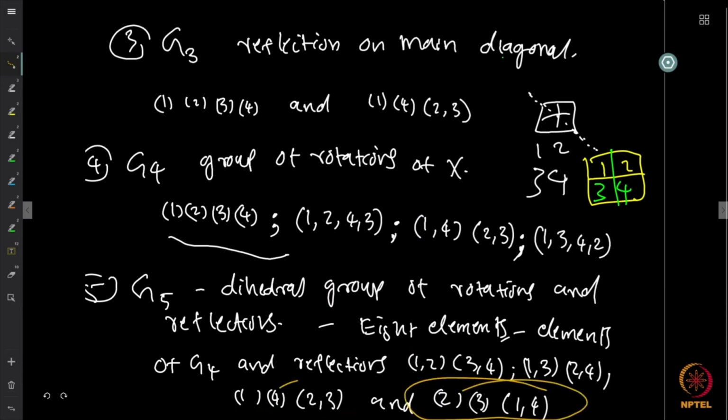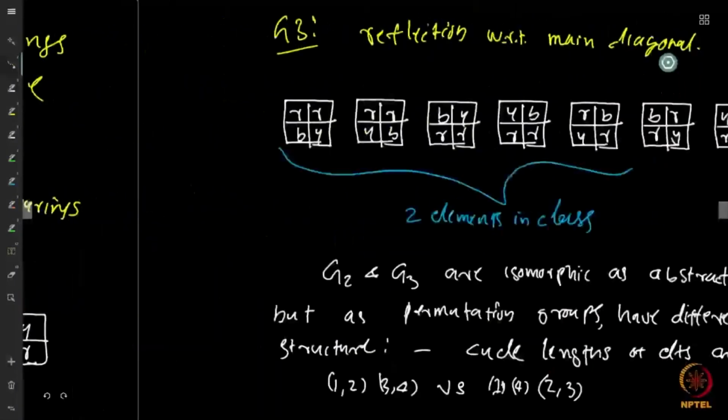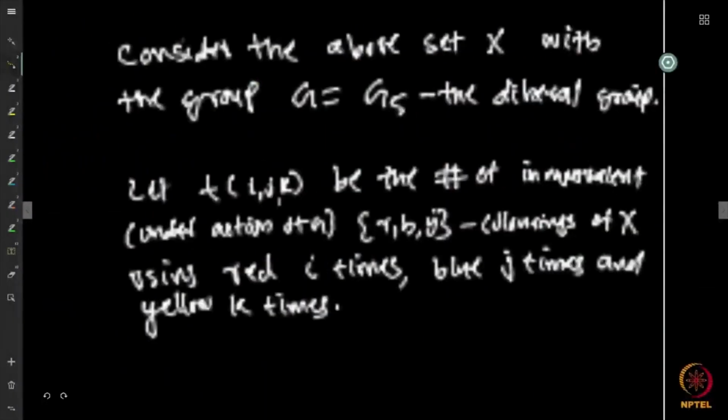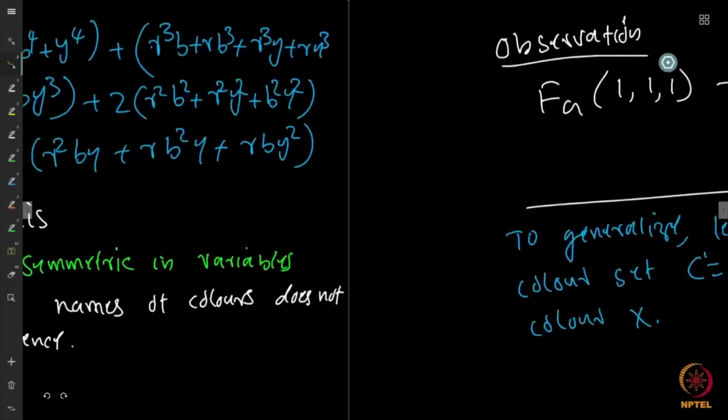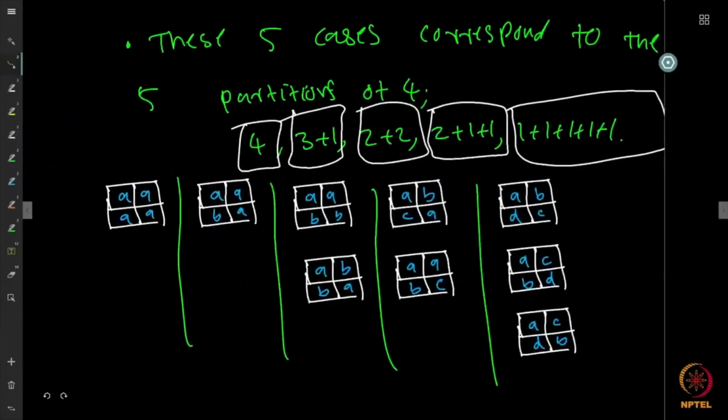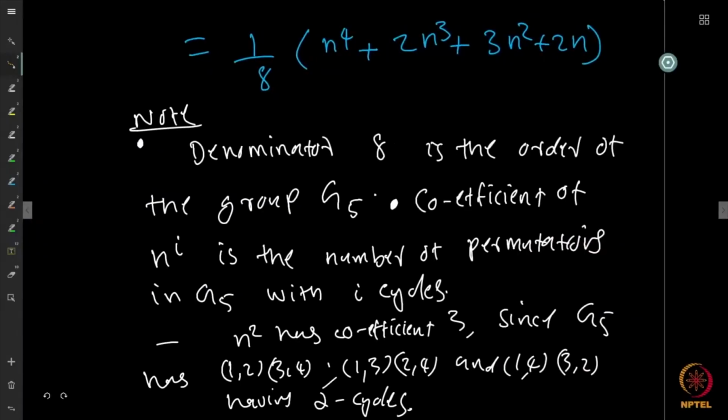This one has 3 cycles, right? Anything else having 3 cycles? Nothing, right? So the coefficient is going to be 2. Similarly, permutations with exactly 2 cycles, the coefficient will be 3. There will be 3 of them, and with 1 cycle there are 2 of them, right? And that is it.